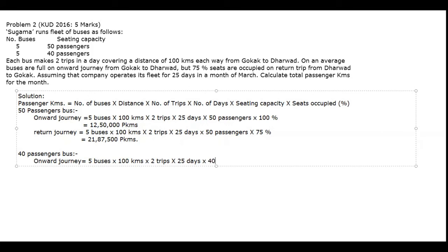It is the 40 passengers bus. And while onward journey the buses will be full, that is 100%. So when we multiply this, its answer will be 10 lakh passenger kilometers.